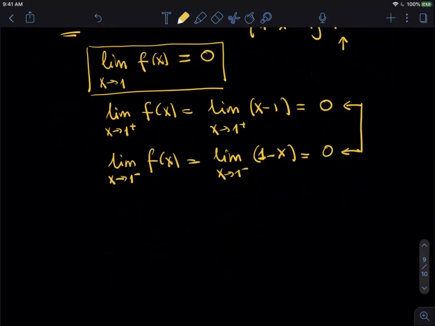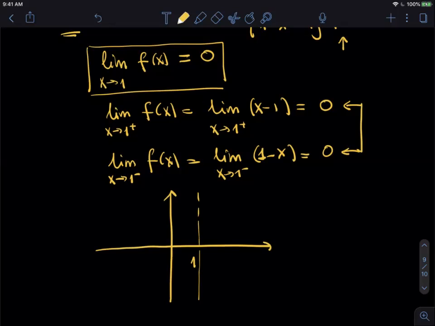Now, just to complement, if this here is x equal 1, f of x is going to look like this. This is the function x minus 1. You see on the left is 1 minus x.